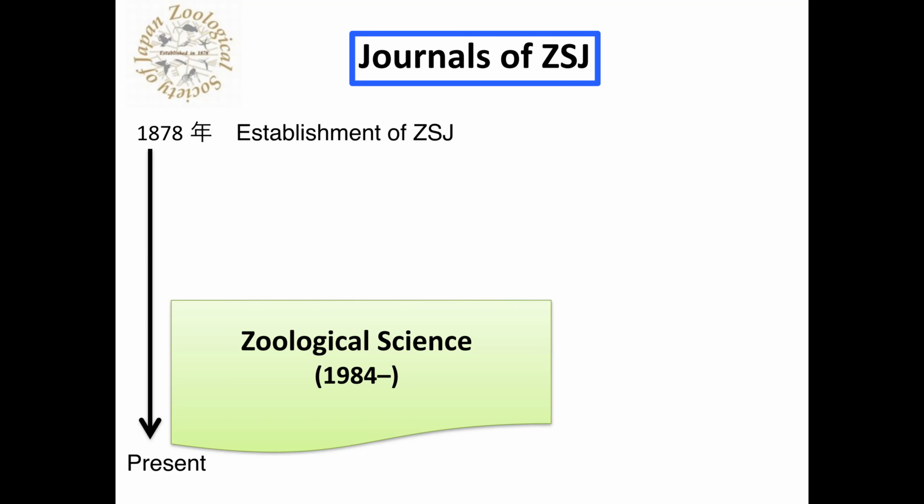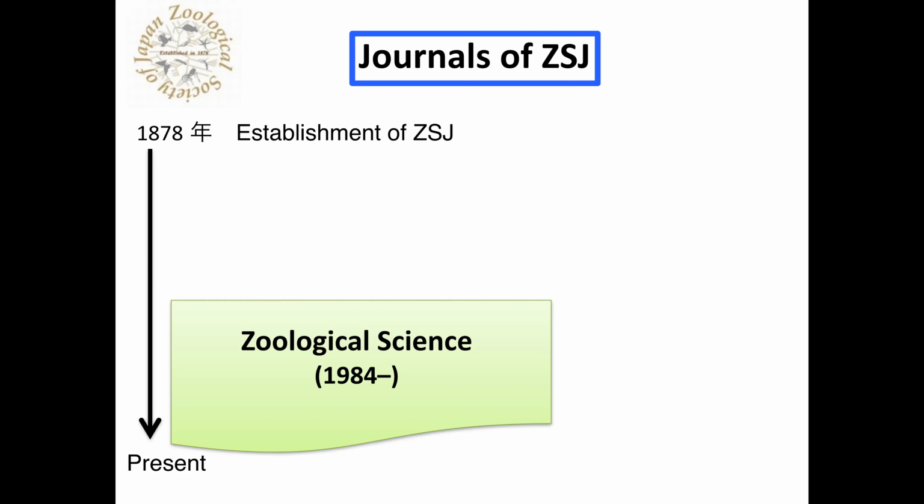So this is almost 40 years, 37 years of issues of Zoological Science. However, the Zoological Society of Japan was founded much, much earlier. It was founded in 1878.